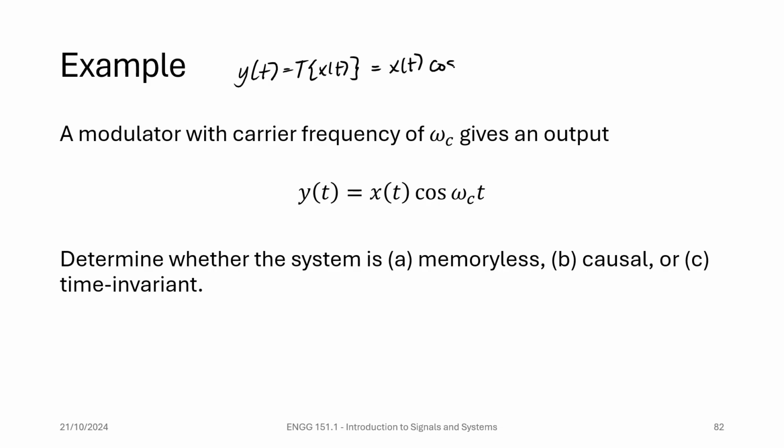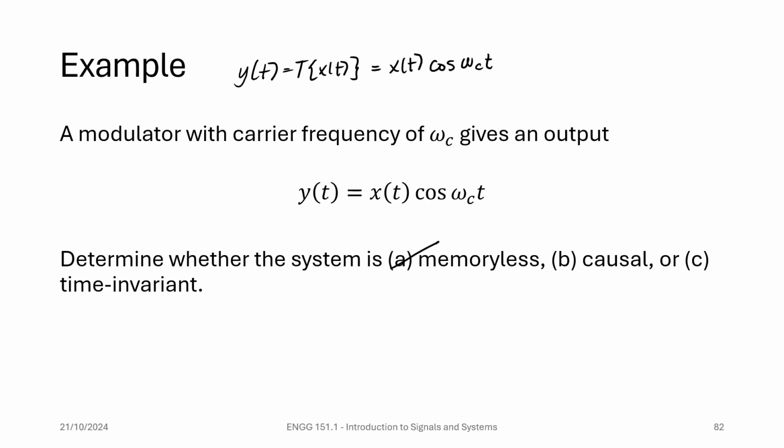What is our operator here? It is cosine omega c t, because that's the modulator. Since we don't see any time shifting, no t plus something or t minus something, therefore this is memoryless.